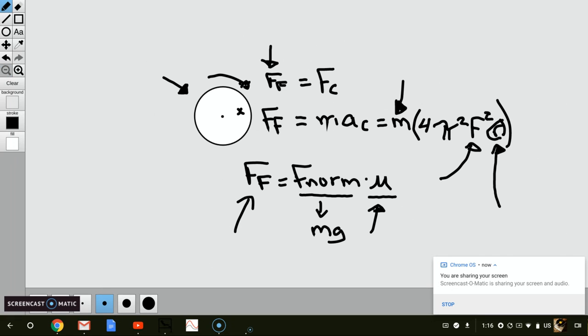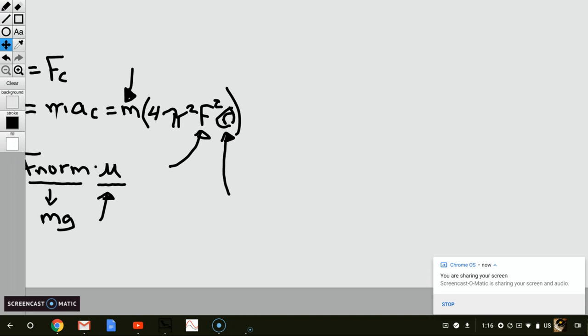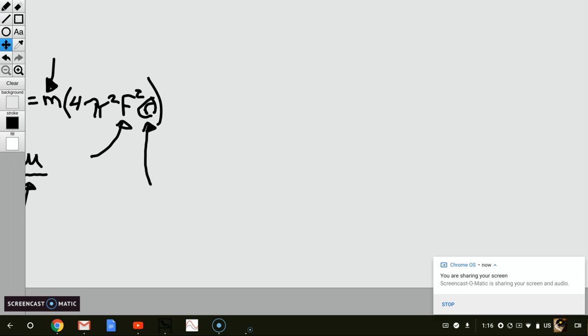Now, what I do need to tell you is that this record player, the turntable, will be turning at a specific frequency. That frequency will be 45 RPM.